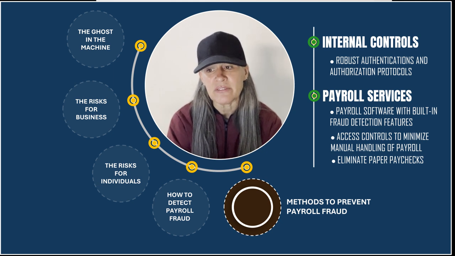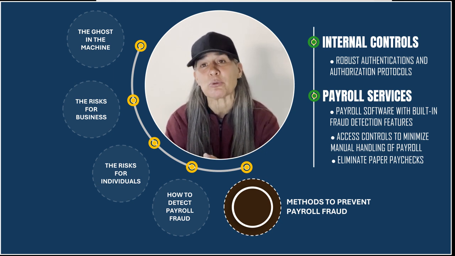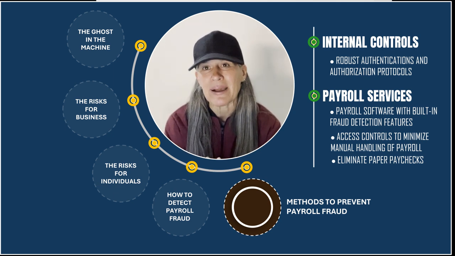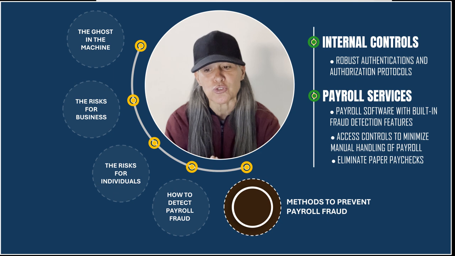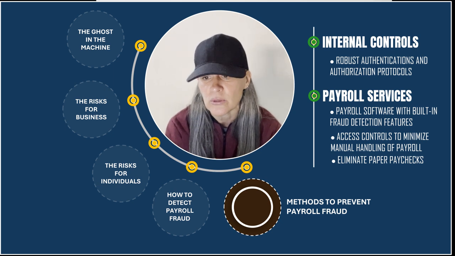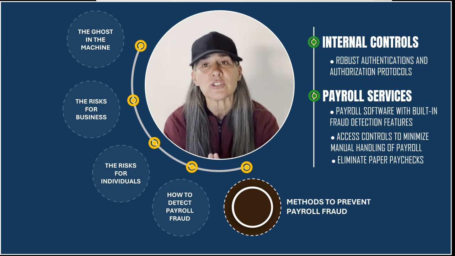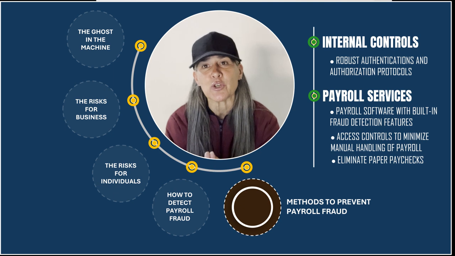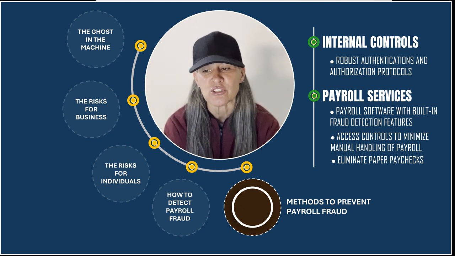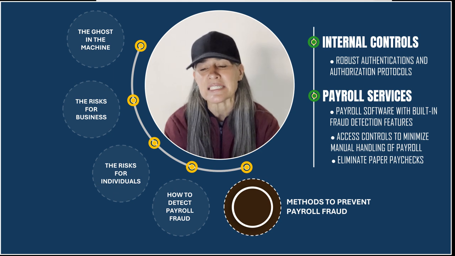Both businesses and individuals can take steps to protect themselves through strengthening internal controls. By establishing strong internal controls over payroll processes, including robust authentication and authorization protocols. Through the use of payroll software, implement secure payroll software with built-in fraud detection features and access controls to minimize manual handling of payroll data.